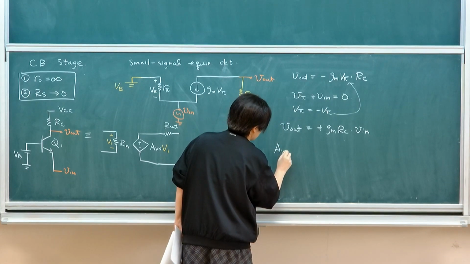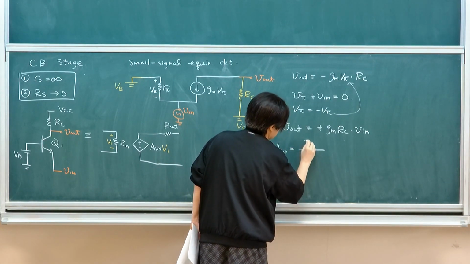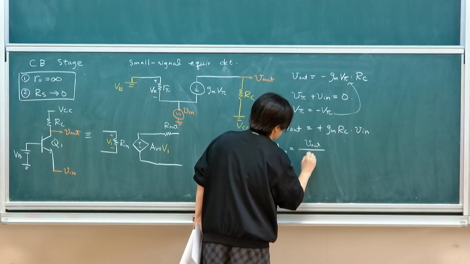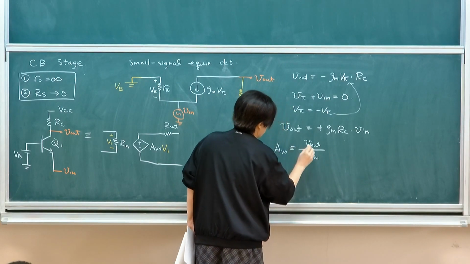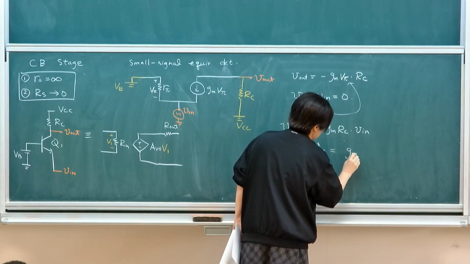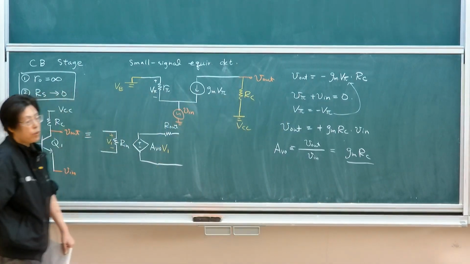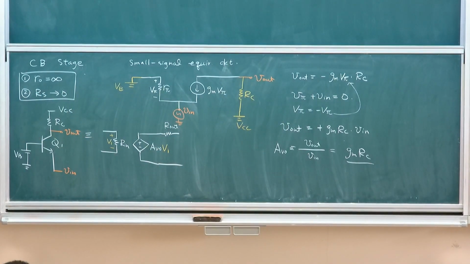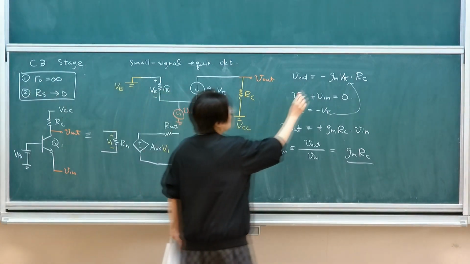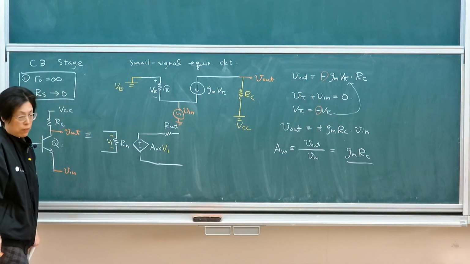Therefore, the voltage gain will be V out versus V in when output current is 0, which is GM RC. Okay? So it could also still serve as a voltage amplifier, but one of the key important things is that the minus sign and this minus sign cancel each other.